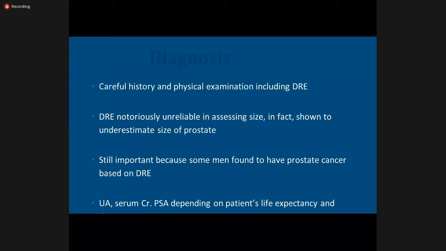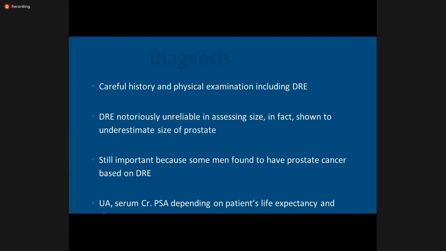So how will we diagnose it? Number one is careful history and physical examination, including DRE, digital rectal examination. Digital rectal examination is very important for the diagnosis of prostate disease. However, you cannot assess the proper size on the DRE because it really underestimates the size of the prostate.